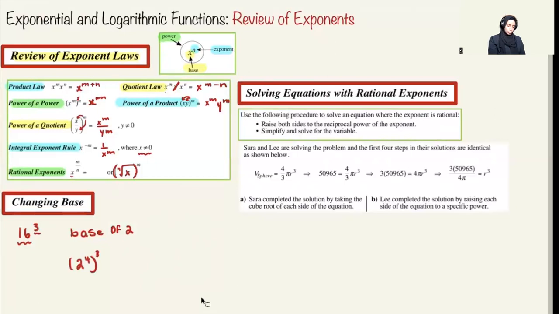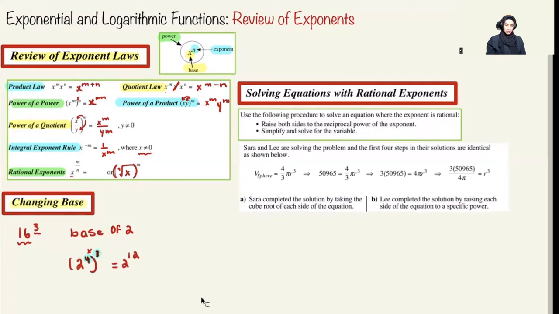And so now we've produced a power of a power. And so we can rewrite this as 2 to the power of 12. All right. And so over here, what I've done is I've rewritten this by changing the base. I've changed my base and written it as a base of 2.